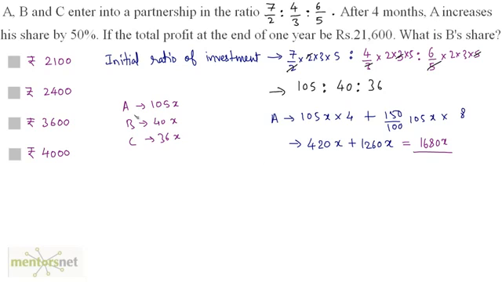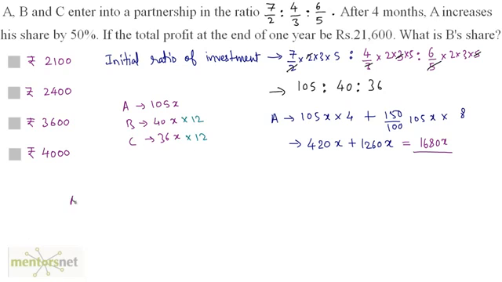Now let us calculate B's share. B is investing for 12 months, so times 12, and C is also times 12 because C is also investing for 12 months. Now we can get the ratio of the profits earned as the ratio of their investments, right?